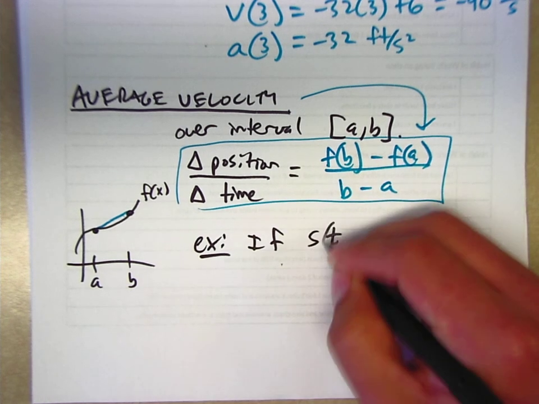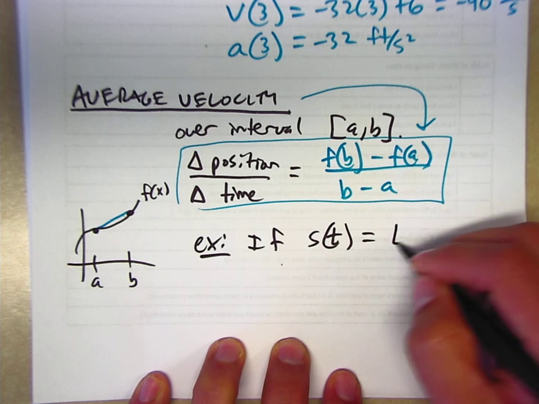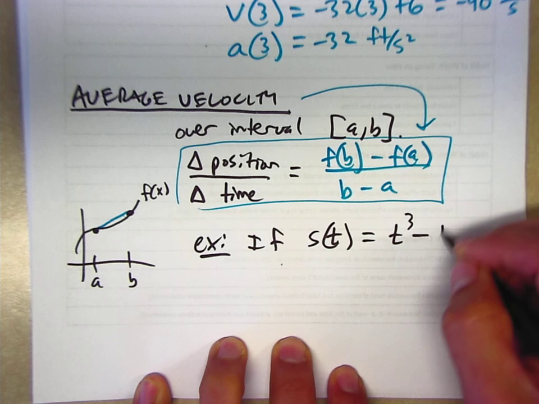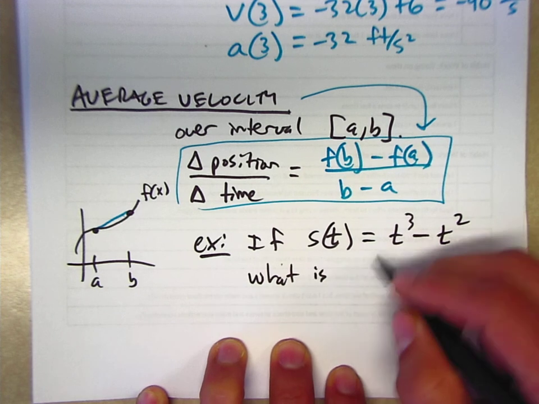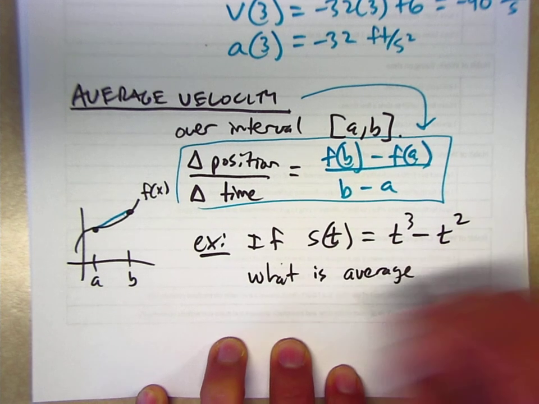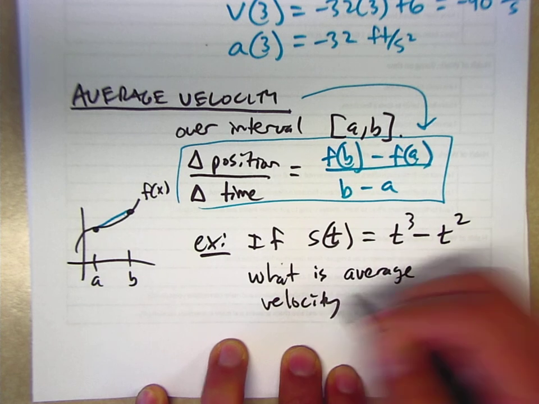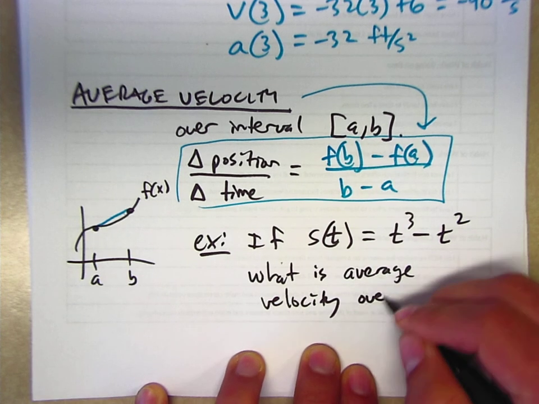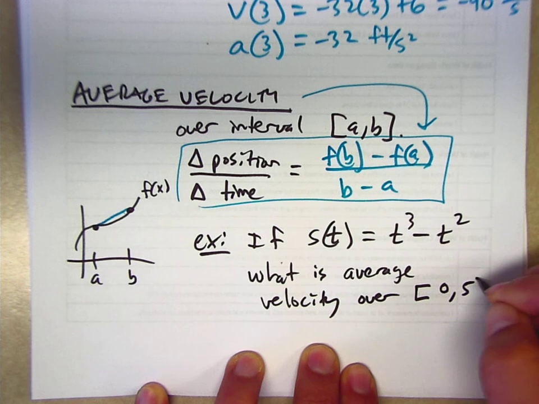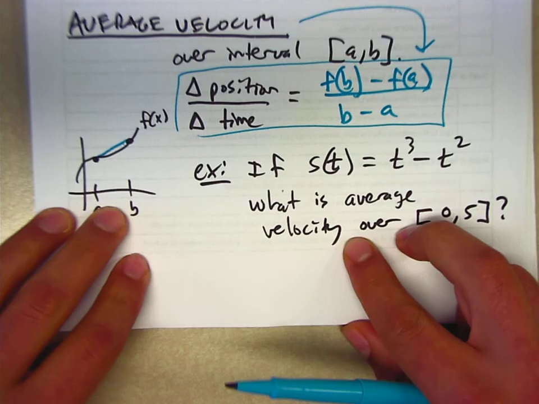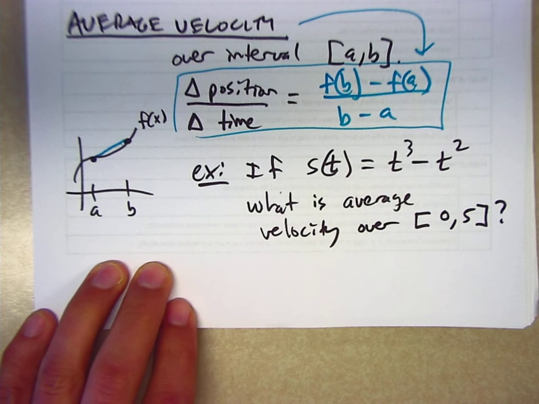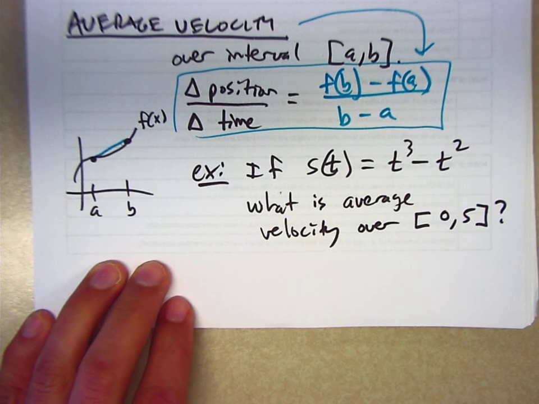If you have a position graph that is represented by t cubed minus t squared, what is the average velocity over the interval from 0 to 5? Again, if you just remember, I'm just finding the slope, right?